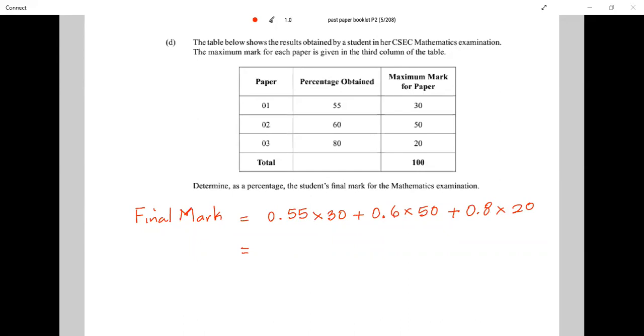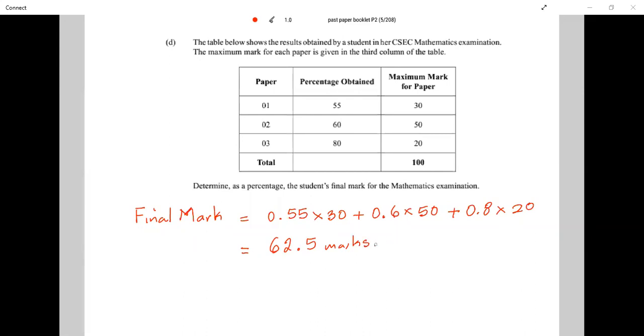And on paper 3, she got 80% of the 20. So I'm going to put this now in my calculator and press equal. So I have 0.55 times 30 plus 0.6 times 50 plus 0.8 times 20. So this is saying that our final mark is 62.5.